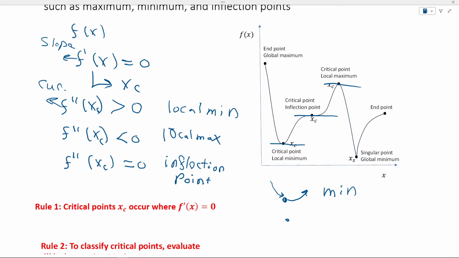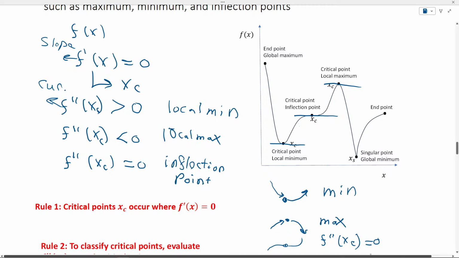If my second derivative is negative, I'm going down, so that is a maximum. And if I go up and then go up again, I'm not curving, so my second derivative at this critical point is equal to 0.